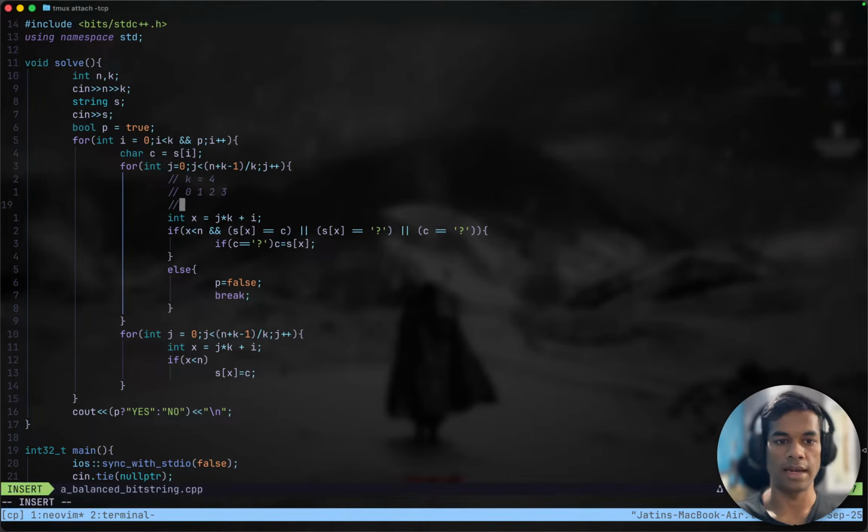This would be the indices of the first substring, and then 4, 5, 6, 7 for the next one.